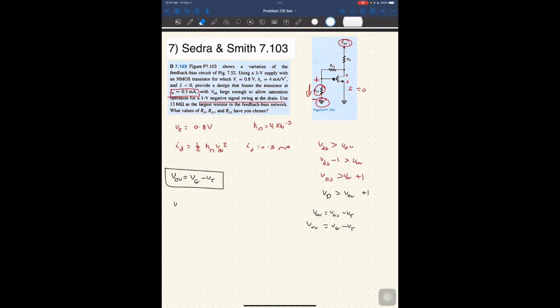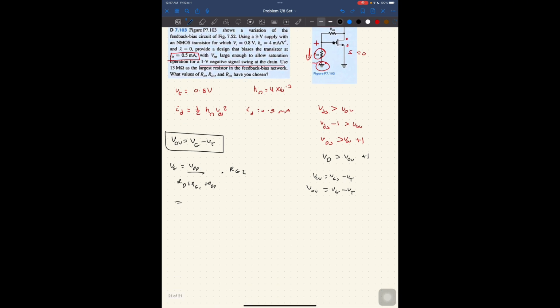So VG is equal to VDD over RG plus RG1 plus RG2 multiplied by RG2, which would be equal to exactly that. So VOV is equal to VDD over RG plus RG1 plus RG2 times RG2, minus VT, or minus 0.8.